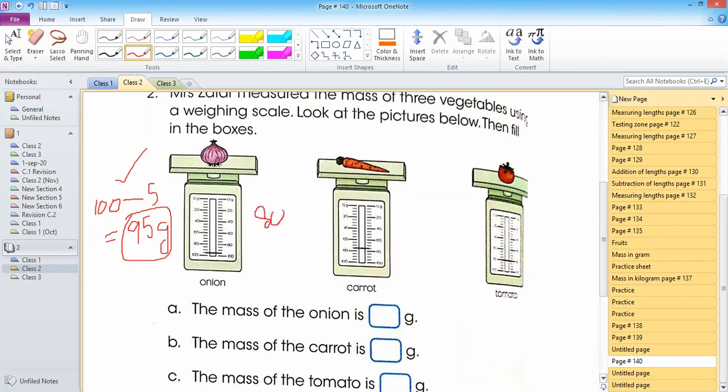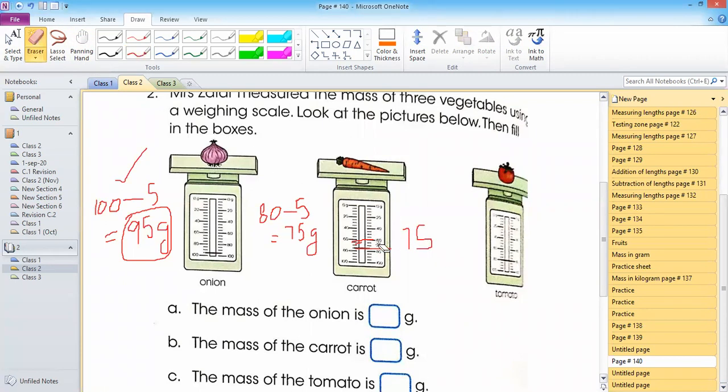So what you can do is minus 5 from 80. 80 minus 5 is equal to 75 gram. Or you can count in fives after 60: 65, 70, and this is 75. In that way you can also find out.